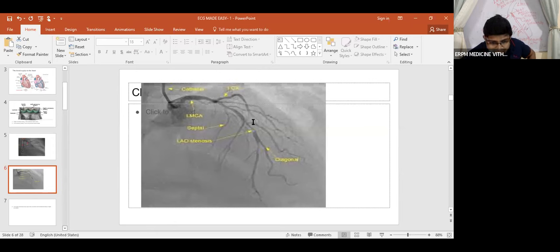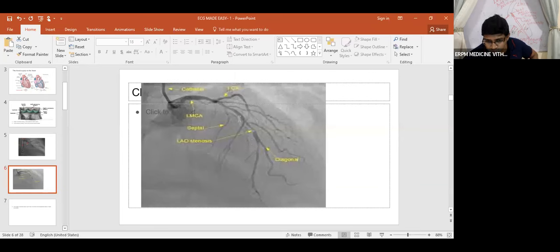So you can see here, guys, this is the left main coronary artery, and I can see the circumflex nicely going there, and the left anterior descending artery. But look at the vessel, guys. Look at the thickness of the vessel here, and look at the narrowing here. We can see roughly 50 to 60% narrowing somewhere here.